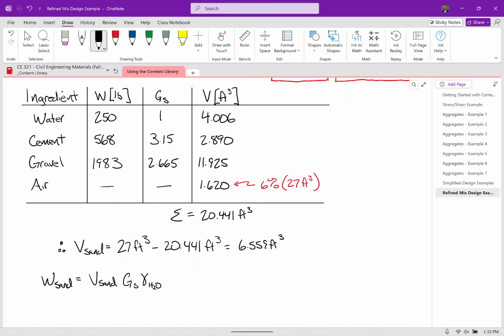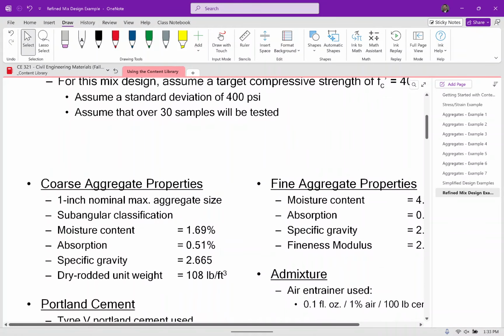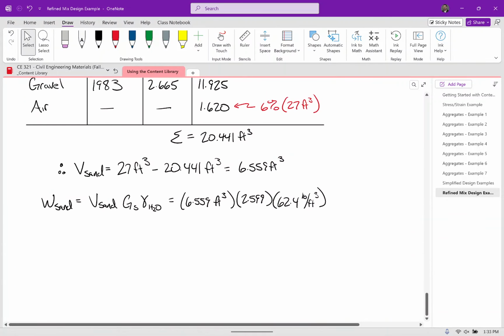So what was its specific gravity? 2.559 or 599? Did I get that right? Yep, right there. Okay. So what do we get for this?